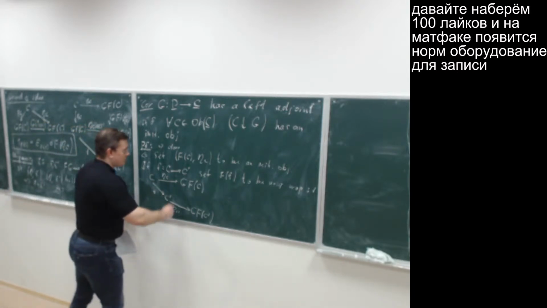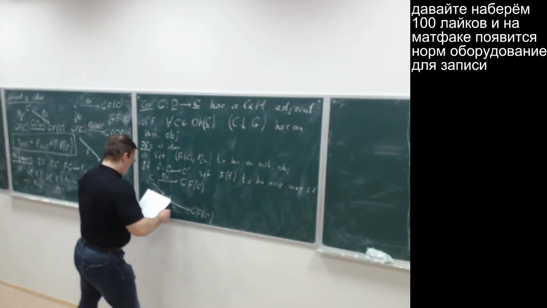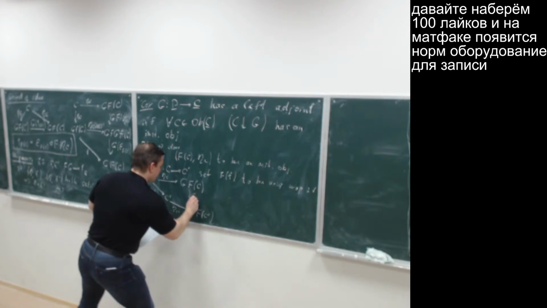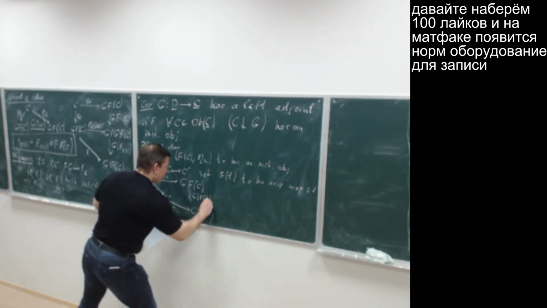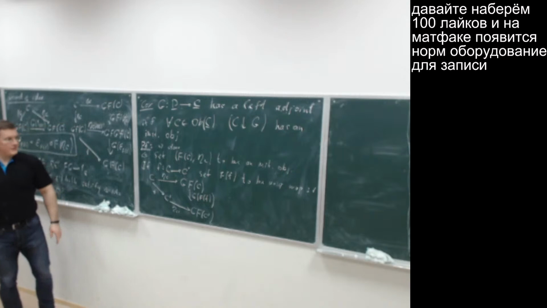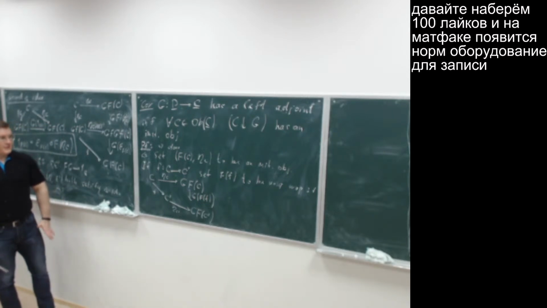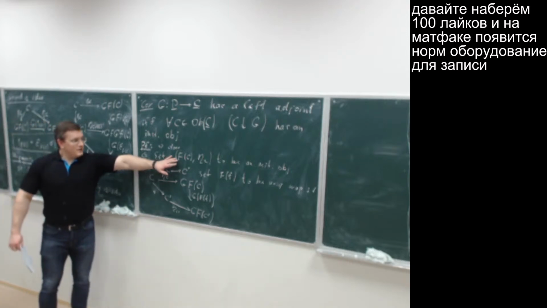Well, from the initial object, there is a unique map. So the unique map is G of F. In this way, I can define F acting on maps.